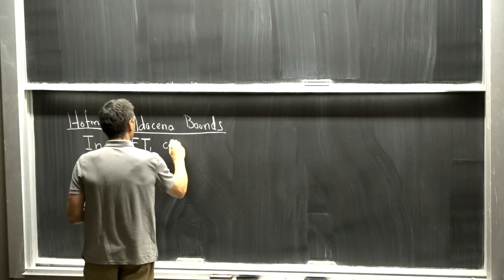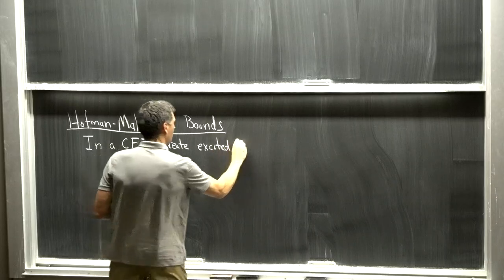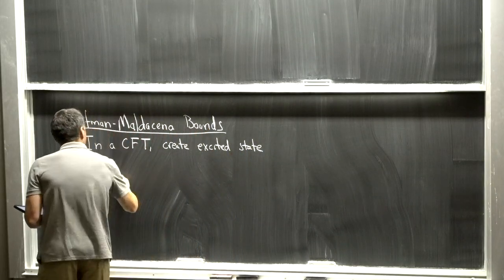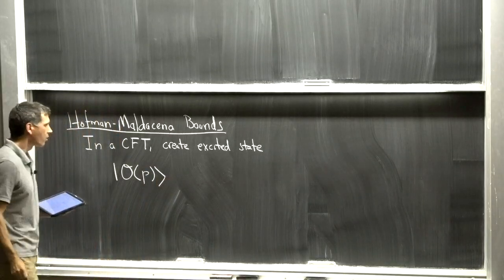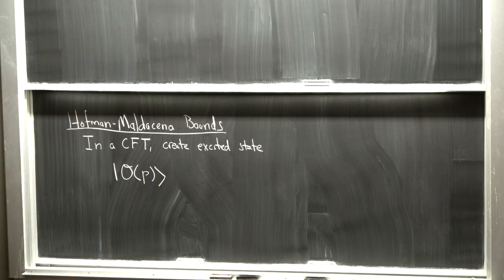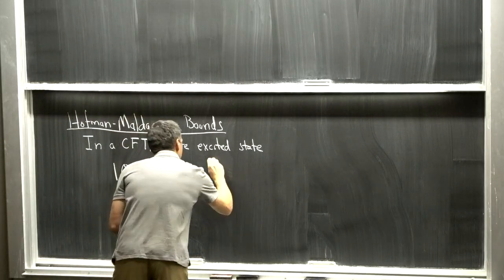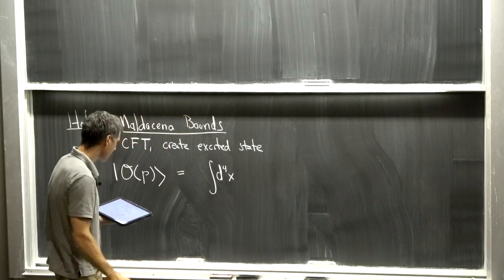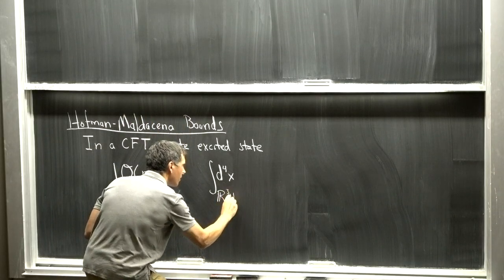We're going to create an excited state by inserting a wave packet made of a local operator. So I'll call this wave packet state O of P. And the exact definition of this is that we integrate d4x, this is in Minkowski, so let's write that R3,1.